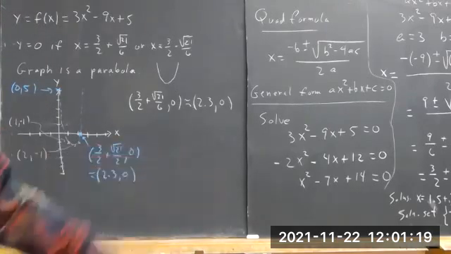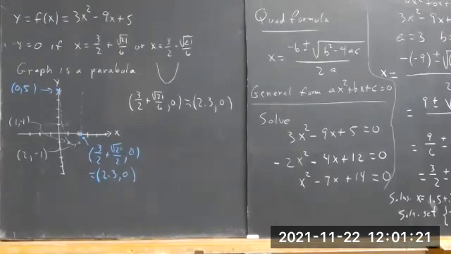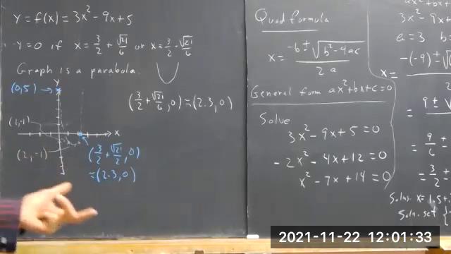So far, my solution's looking pretty good, isn't it? I don't know if I messed that up. I'm sure I messed something up. But I think I got that one pretty much first try. Okay, look back at the video and see.